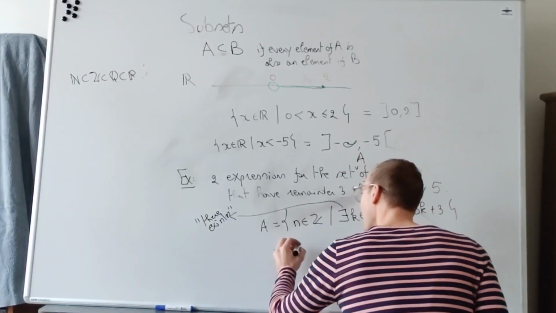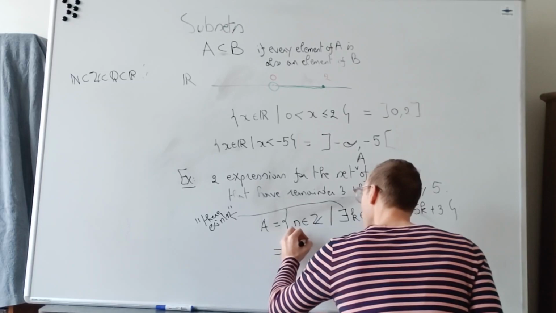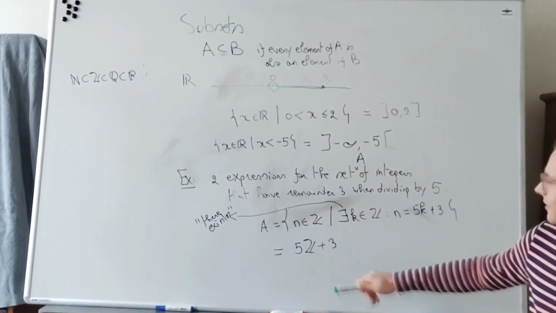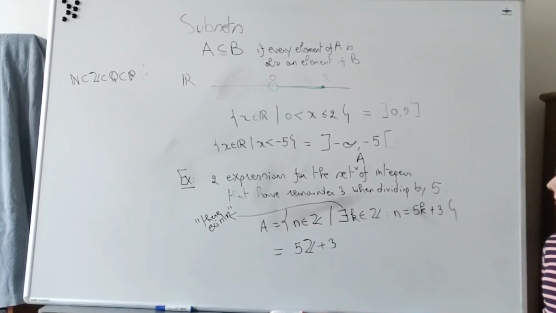Or you could say, well, we're just going to look at all the multiples of 5 and we're going to add 3. This is the short version of this set.